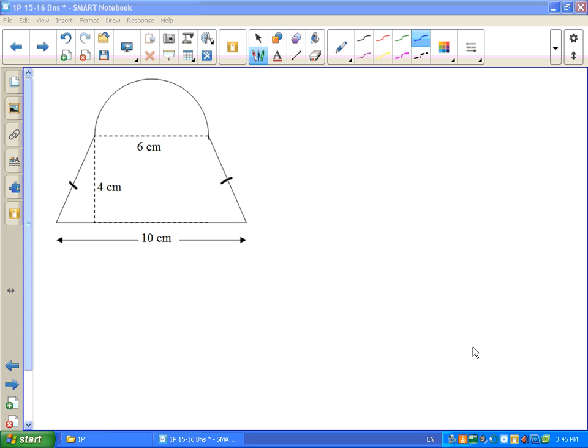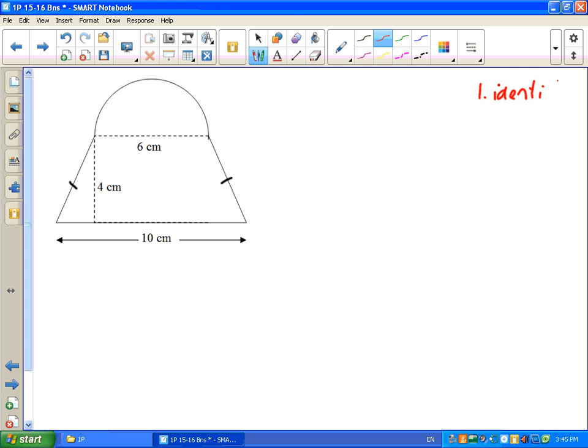Here's our second shape. It's the same shape that we started with before when we were working with our areas. And let's just remind ourselves what those steps are that we're going to follow. We're going to start by identifying the shapes. Identify. Then we are going to label the outside lengths.